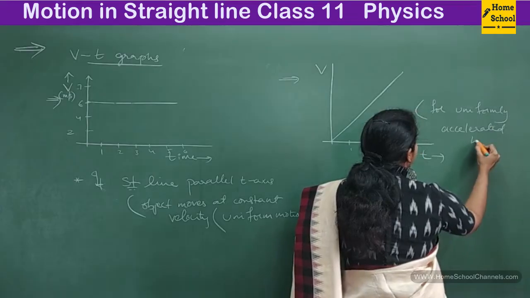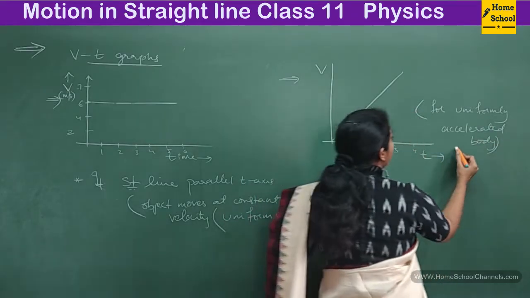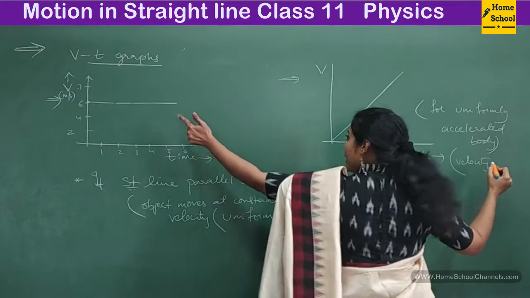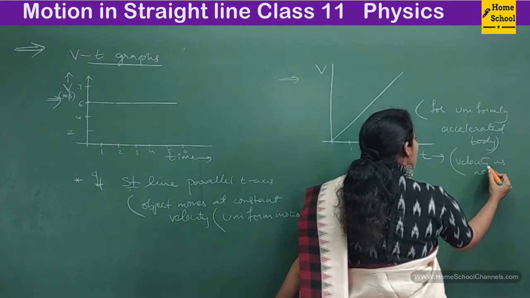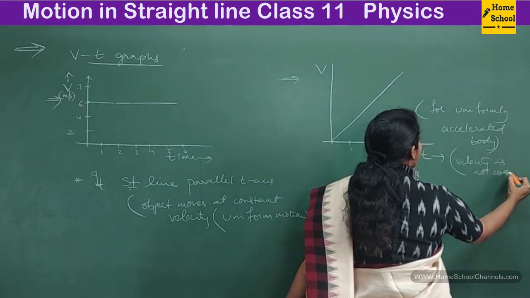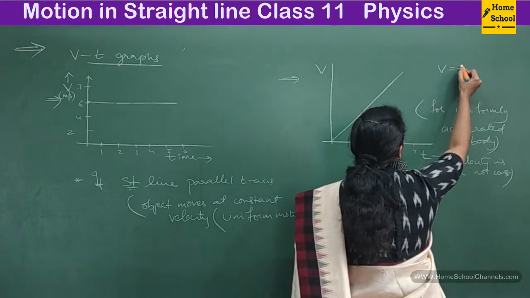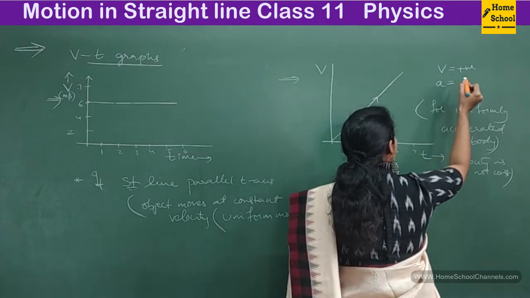So this is not a constant velocity. Velocity is not constant here. Here velocity was constant, but here velocity is not constant. And you know what, here v is increasing and a is also positive.